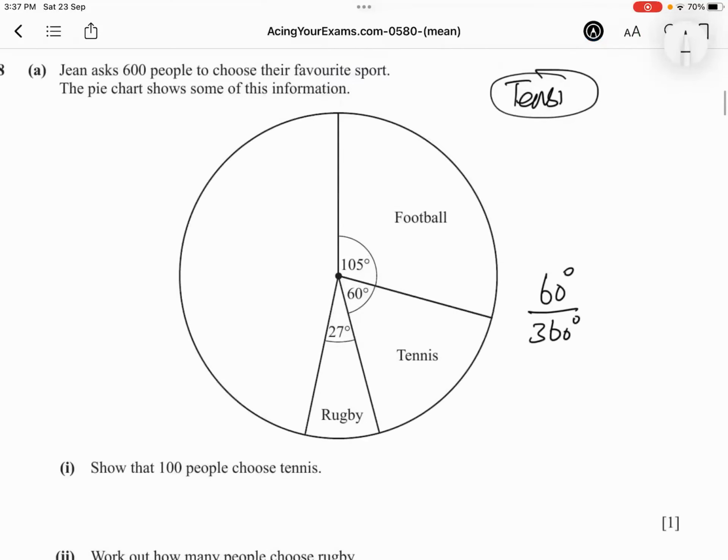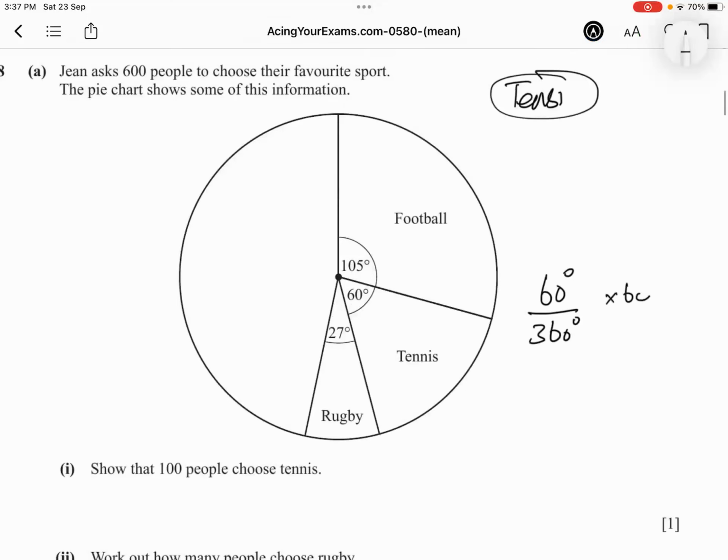Yes or no, everybody? And there are 600 people. So let's check. 60 divided by 360 is 1 by 6 into 600. So the answer is 100. So it's shown. Yes or no, everybody?